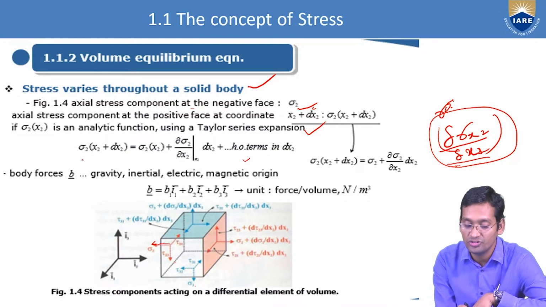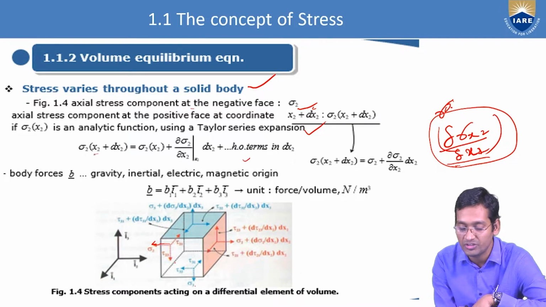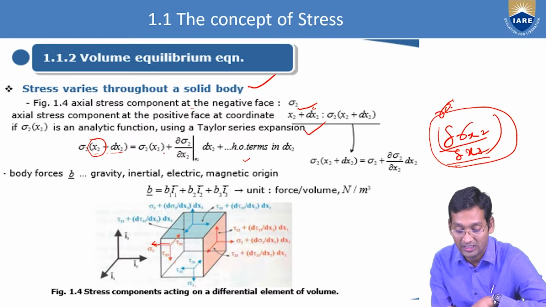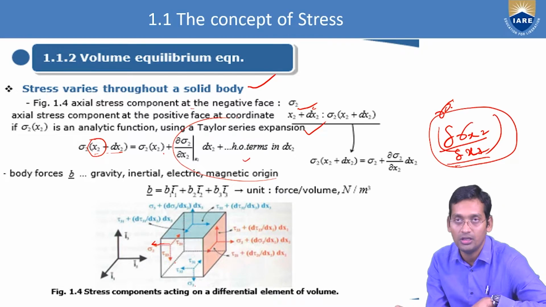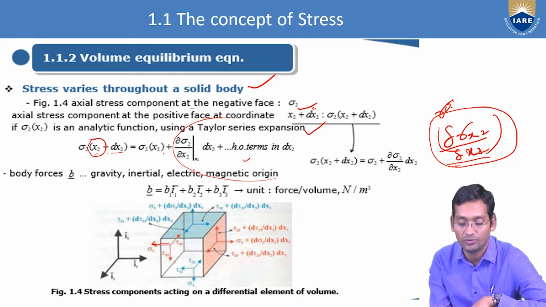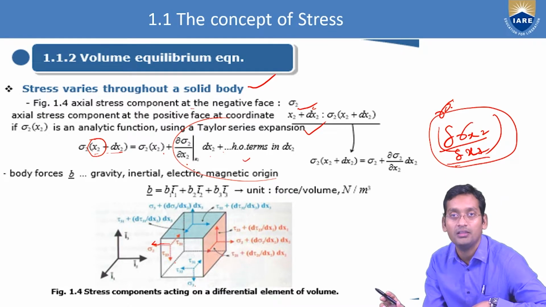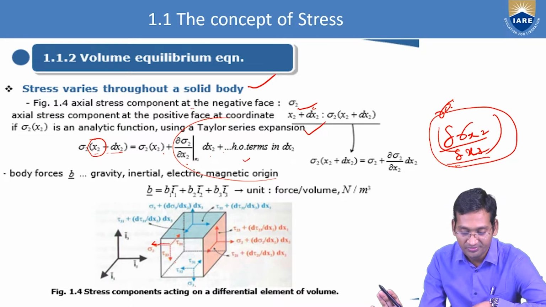So sigma 2 of x2 plus dx2, meaning x2 in the original direction and dx2 the change in that direction, will be sigma 2 of x2 plus the total change in that particular direction. In summarized form, delta sigma 2 by delta x2 times dx2, for all the terms of stresses acting in that particular direction.